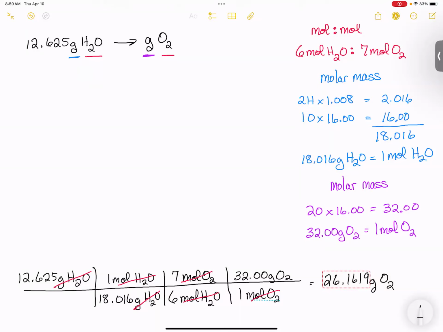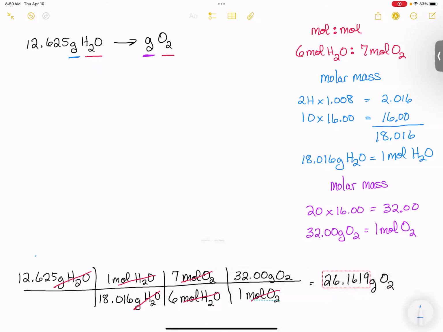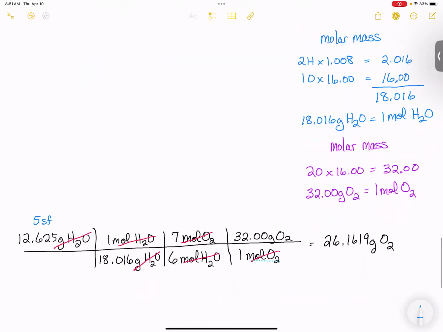Now we need to pay attention to significant digits. Our starting quantity had 5 significant digits. The molar mass for water, the mass portion has 5 significant digits, while the mole portion has an unlimited number of significant digits. Mole-to-mole ratios are exact quantities, and therefore they have an unlimited number of significant digits.